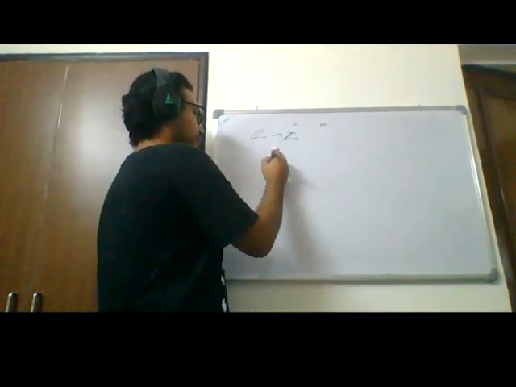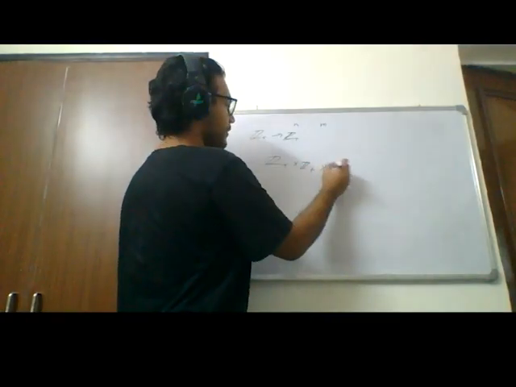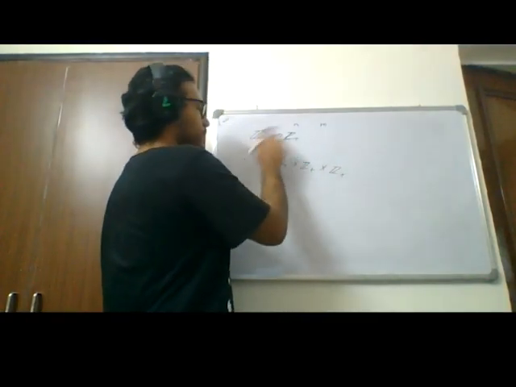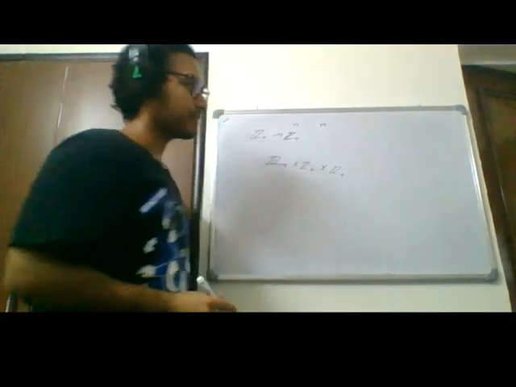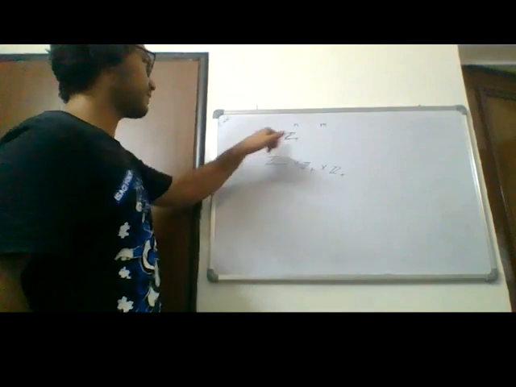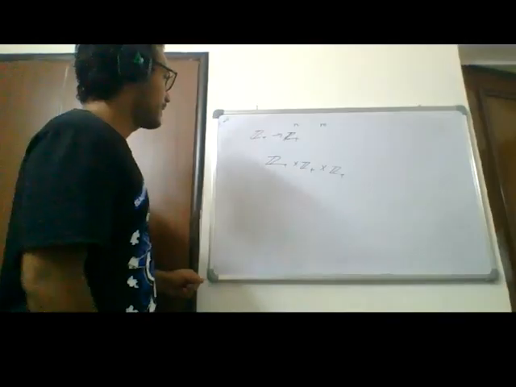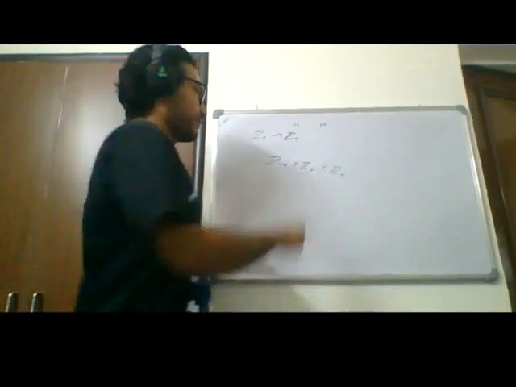There's a surjection from Z plus cross Z plus cross Z plus, because of the finite amount of functions we get. And because of that, the set of all functions from Z plus to Z plus that are eventually constant is countable. And then you extend it to {0, 1}.